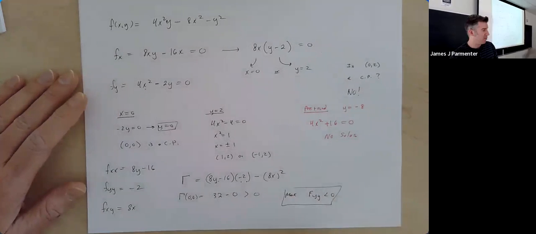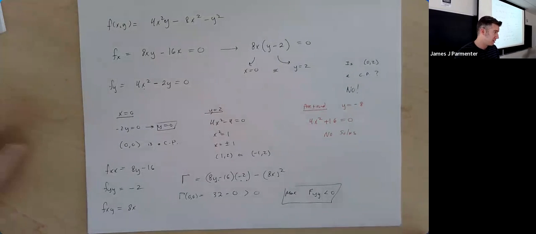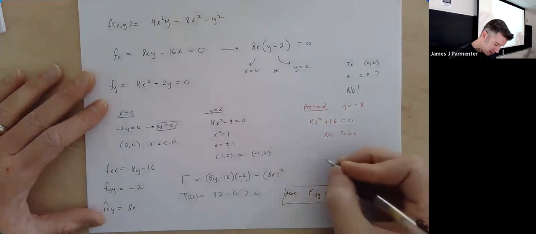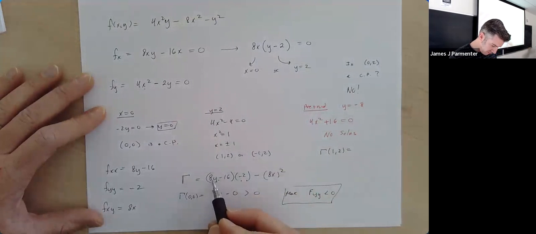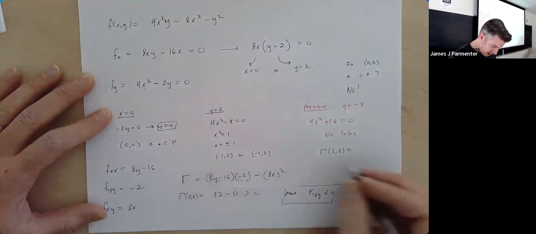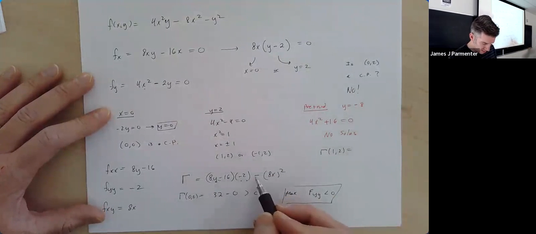My gut bet would be that the other ones are going to be saddles. If I were asking a question like this, I would try and come up with a function where, if I had 3 critical points, I would have at least one saddle and at least one max or min. So my guess is going to be a saddle. Let's check. So gamma of 1, 2, if I plug in 1 for x and 2 for y, I get a negative number because 2 for y is going to be 0 there minus 8 squared.